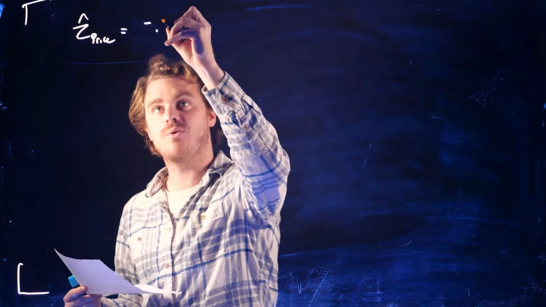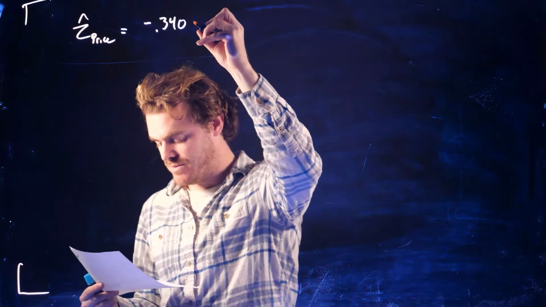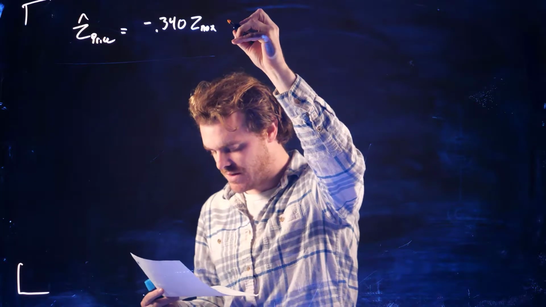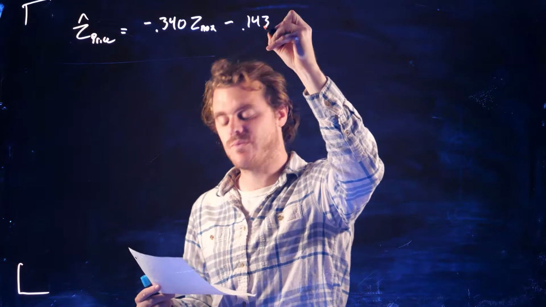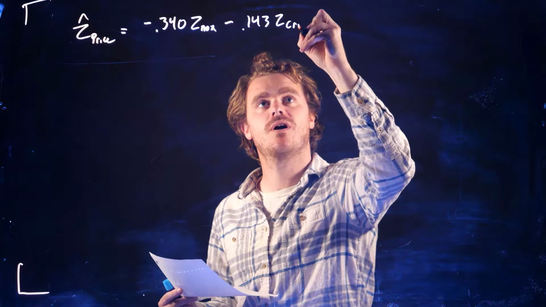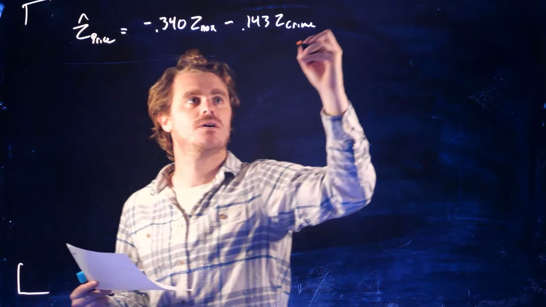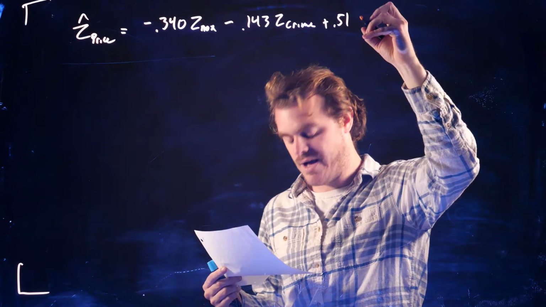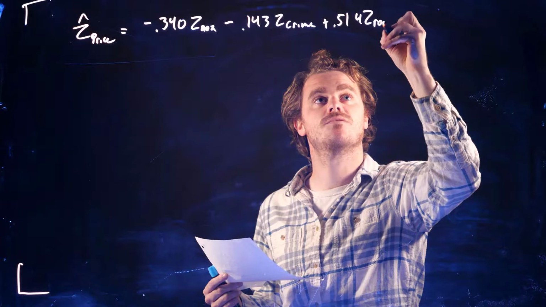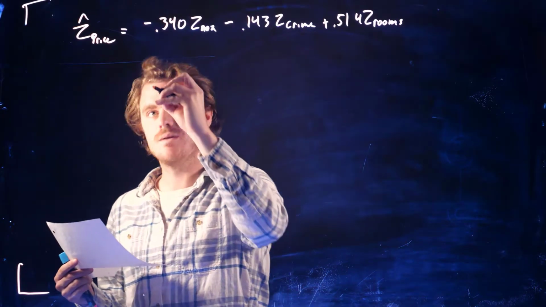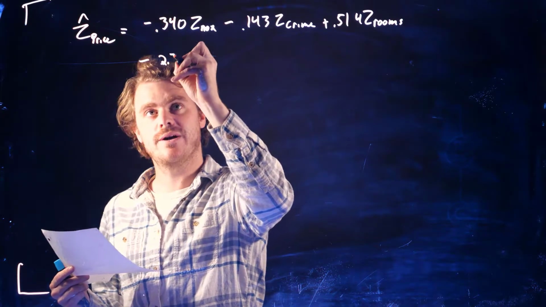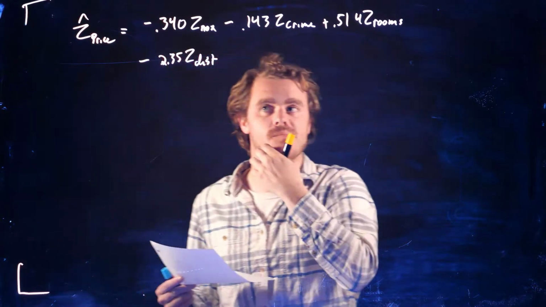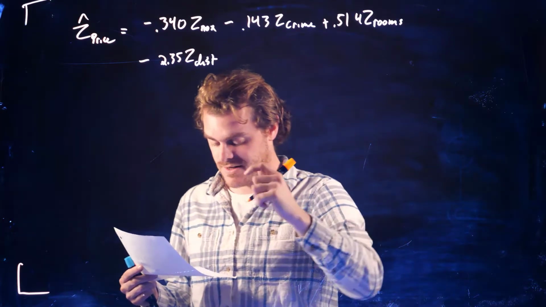We get minus 0.340 times the z-score of nitrous oxide, minus 0.143 Z crime. What else do we have? Plus 0.514 times the Z-score of rooms, minus 2.35 times the z-score of the distance.